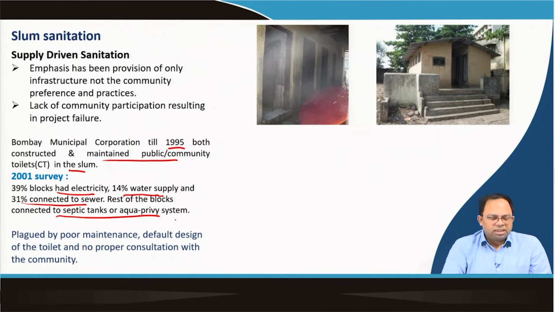So, these systems were plagued by poor maintenance, faulty design of toilets, and no proper consultation with the community. Because the community was not taken into consideration in the consensus or decision making process, that actually led to poorly designed structures which were not maintained properly, and so on.